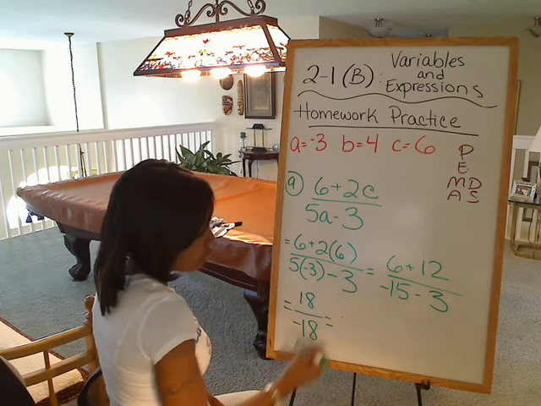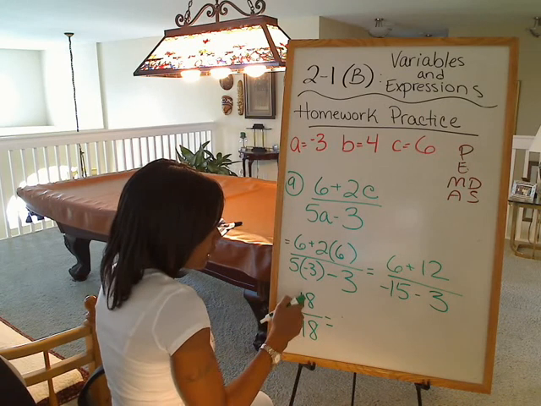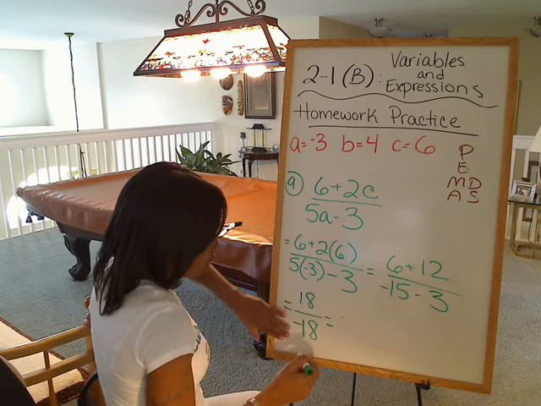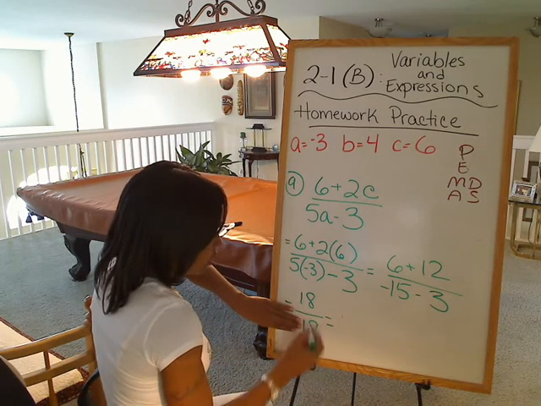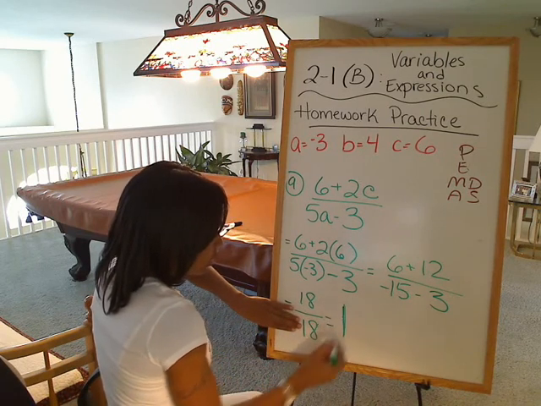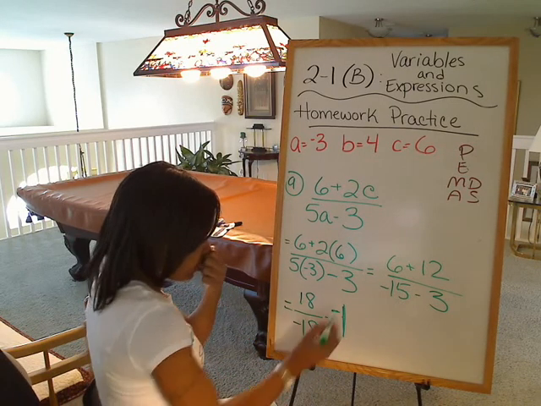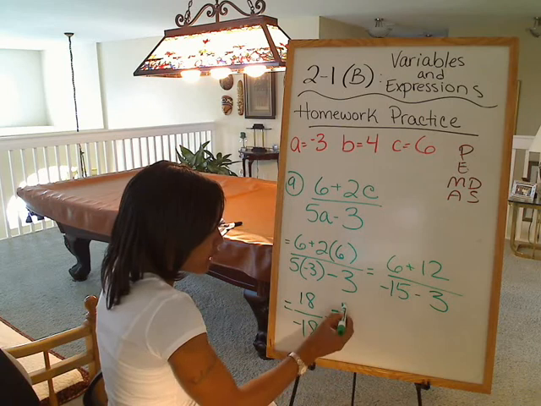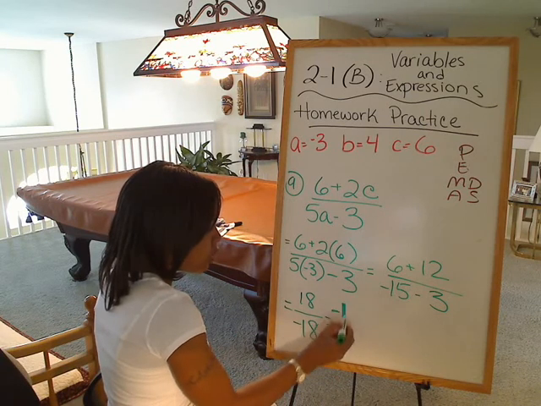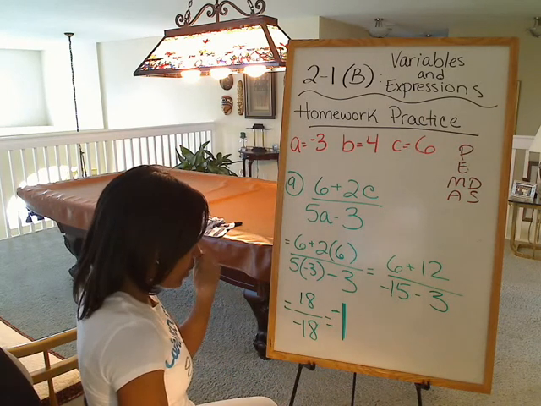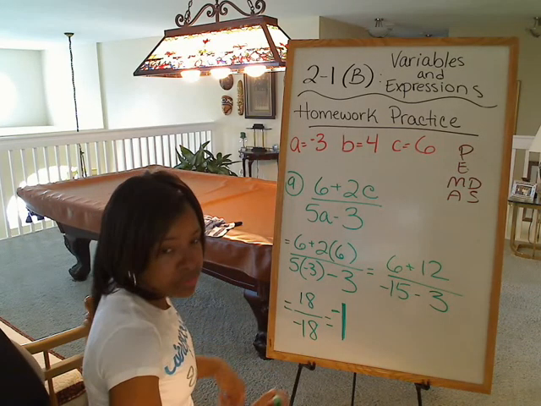I'll do it slow for people who don't see it. If you can simplify this, you know that if you take away the negative, 18 over 18 is 1. But one of the numbers was negative, so it's going to be -1. Remember, it doesn't matter where you put the negative, as long as you have one of them. So this is going to be -1 as the final answer.